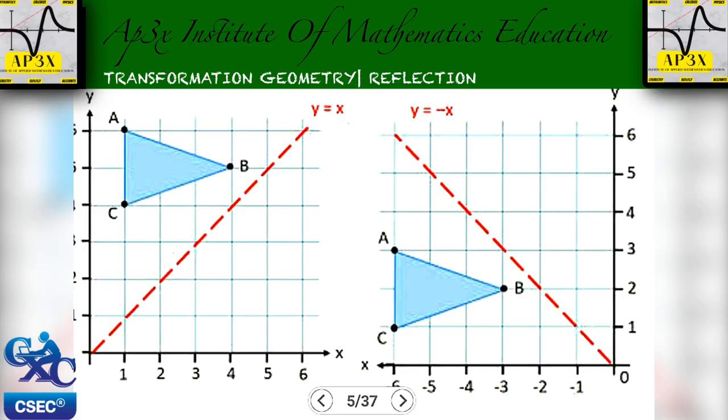I always tell my students that the line y equal x runs through the odd quadrants. So that means y equal x will run through the vertex of the squares in quadrant 1, and it continues through the origin and goes all the way down to quadrant number 3, which you're not seeing in this image here.